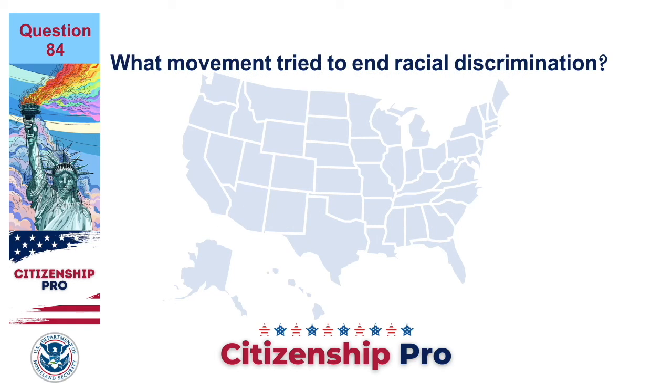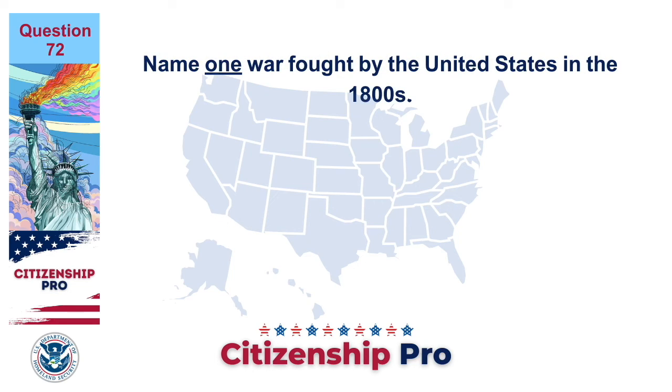What movement tried to end racial discrimination? Civil rights movement. Name one war fought by the United States in the 1800s.